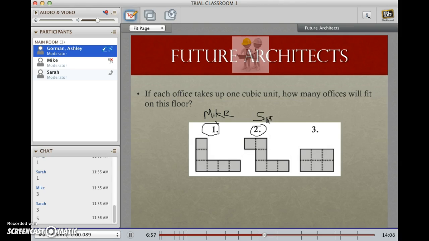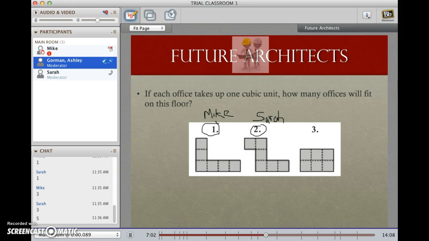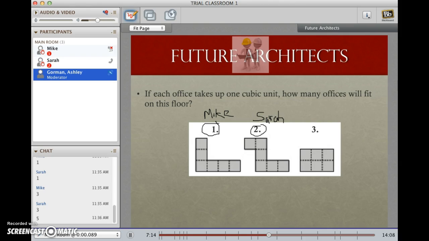Just raise your hand when you think you're ready with an answer. Each cubic unit is an office. So how many offices would be on the first floor? So Sarah, you're looking at number 2. Just raise your hand when you think you know how many offices will be on the first floor. Oh, she's got an answer. All right. Mike, go ahead and tell us how many you have.